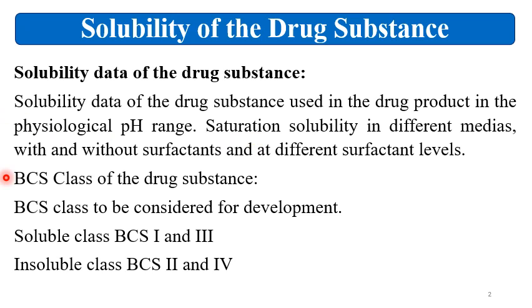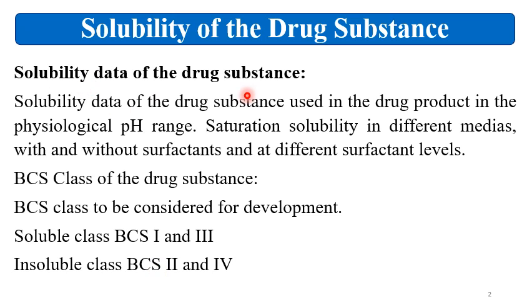If the API is soluble, that is BCS class 1 or 3, surfactants are generally not required. If the drug substance is insoluble and belongs to BCS class 2 or 4, a surfactant is required many of the times.